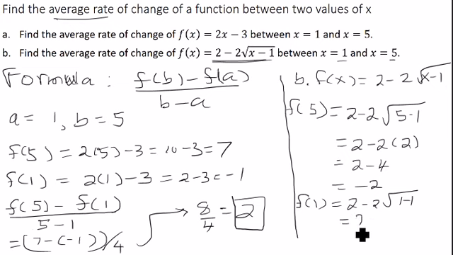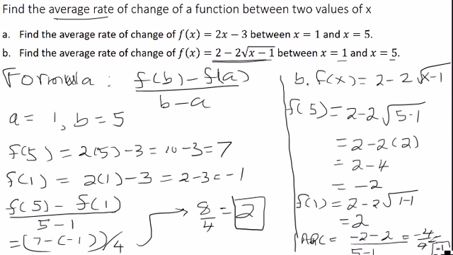So the average rate of change, let's just call it ARC, equals f of b, which is negative 2, minus f of a, which is 2, over b minus a, which is 5 minus 1, and that's negative 4 over 4, which is negative 1. So negative 1 is the answer.